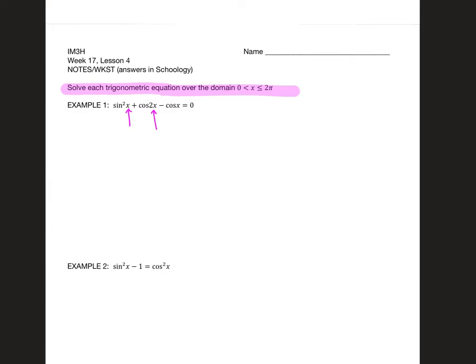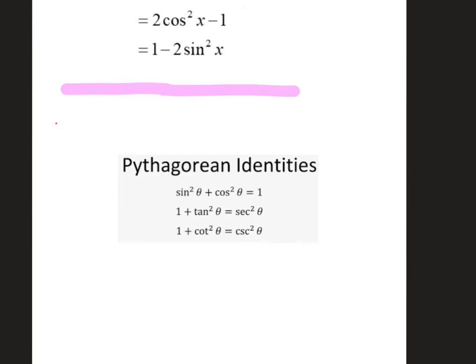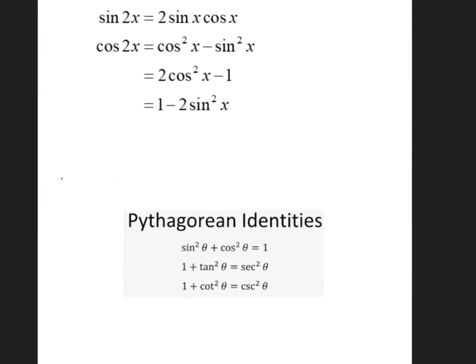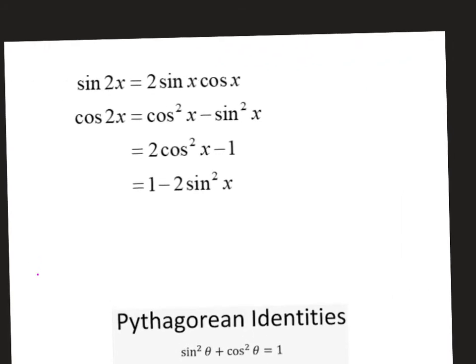So if you remember, up here, and somewhere previous in your notes, you've got formulas so that you can write a double angle in terms of a completely different angle.